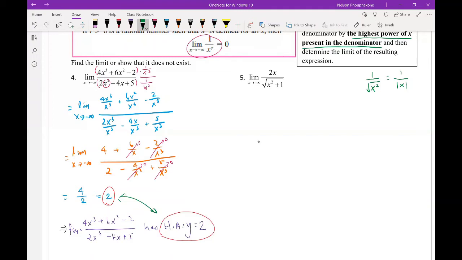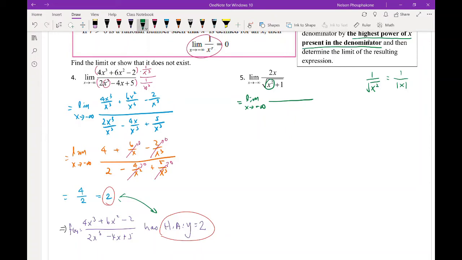Okay, so let's see how we take care of this problem. You will see that here the highest degree is the square root of x squared.